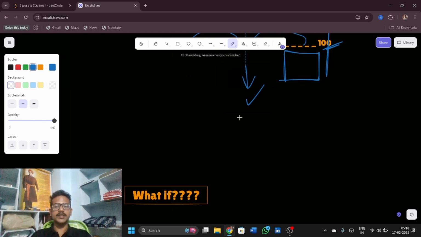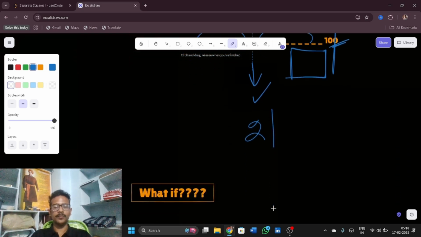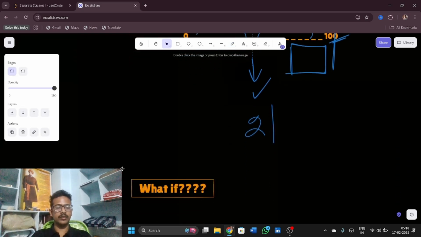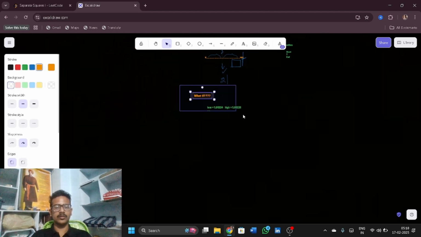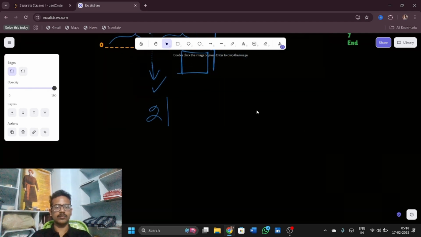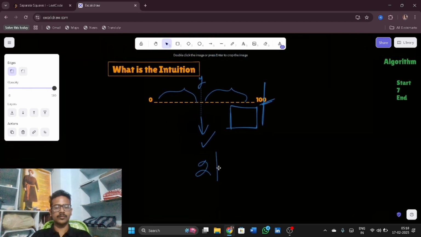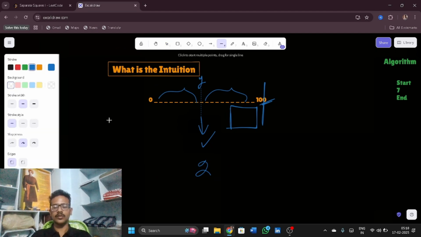So imagine, just imagine that I have the area to the left as 2. So imagine this is my line.